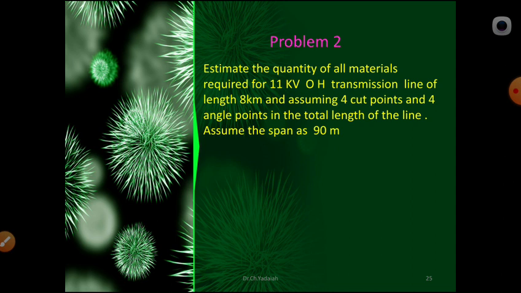So where it ends, we have to use one stay, and on the other side, the opposite direction, we have to provide another stay, 2 stays extra. And wherever the 90 degrees changes, instead of pin insulators we have to provide disc insulators. This is a small twist. So everything is similar. Let us do the problem.